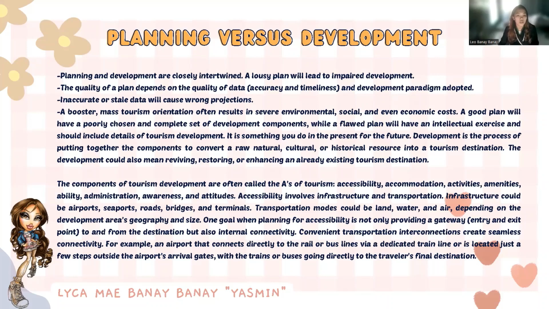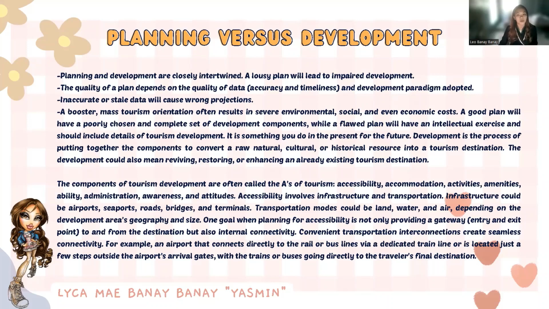So one goal when planning for accessibility is not only providing a gateway, this is what they call the entry and exit point to and from the destination, but also internal connectivity. Convenient transportation interconnections create seamless connectivity.